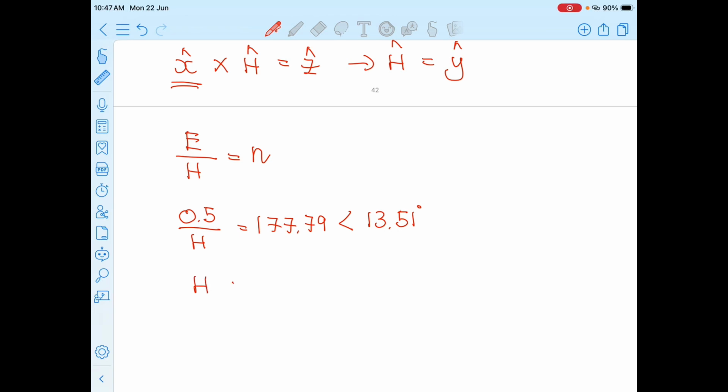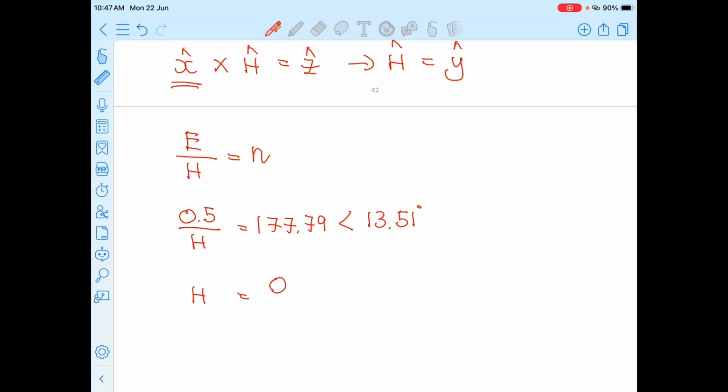So the magnetic field is equal to 0.5 divided by 177.79, which is equal to 2.81 milli. And if you want to consider the angle, maybe I should put it this way. It will be easier for you to understand.